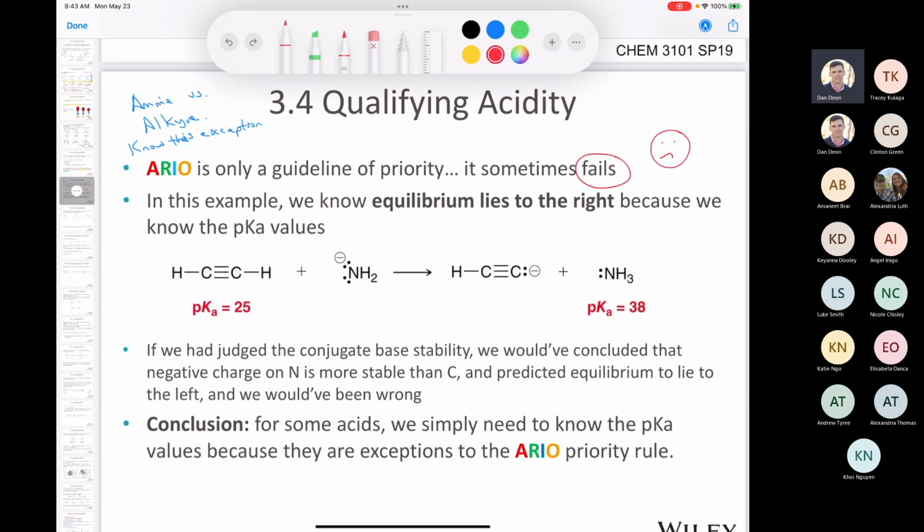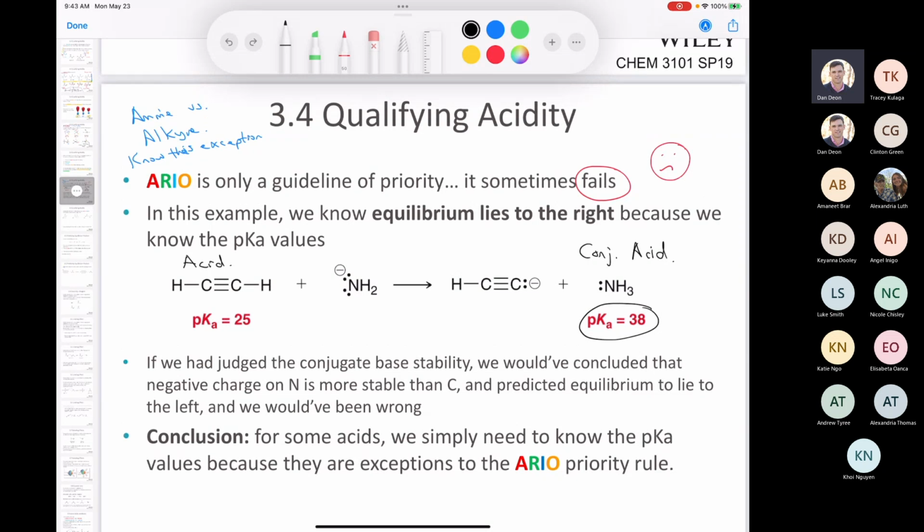If you compare the relative acidity of your acid, this is the acid, and this is the conjugate acid. If you compare their relative pKa's, you can see that ammonia is the weaker acid, and yes, the equilibrium is going to lie to the side of the weaker acid. I taught you that.